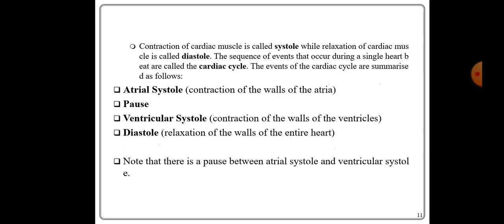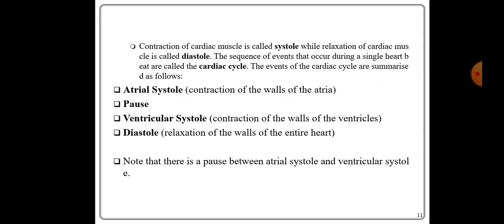Contraction of the cardiac muscle is called systole, whilst relaxation of cardiac muscle is called diastole. The sequence of events that occur during a single heartbeat is called the cardiac cycle. The events of the cardiac cycle are summarized as follows.